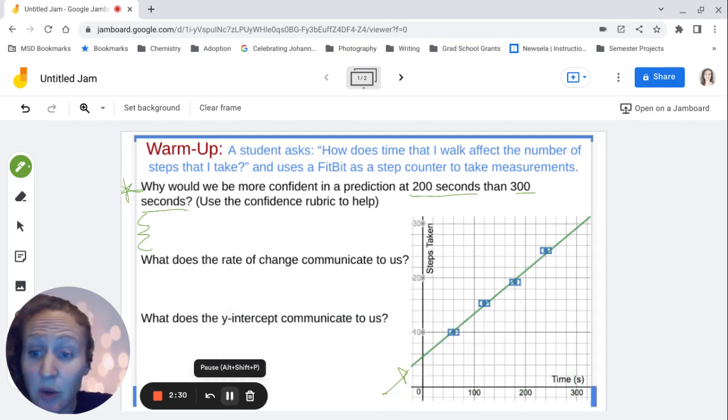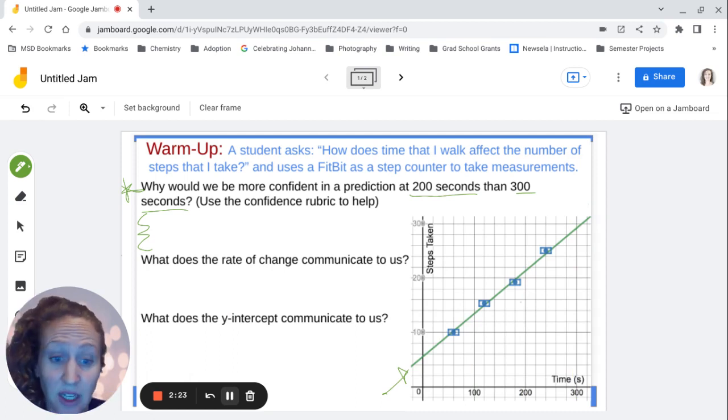Our next question that we look at is right here. What does the rate of change communicate to us? So when we're talking rate of change, it's how if we take 100 seconds, how many steps we take in 100 seconds, and then if we double that to 200, how many steps we take in those 200 seconds. So does changing the time affect the steps?